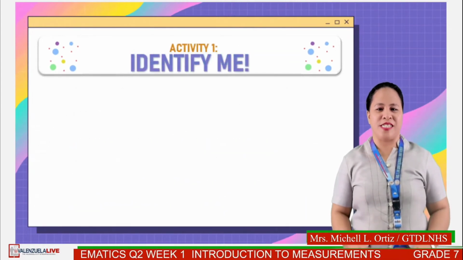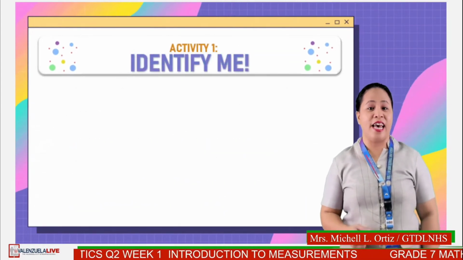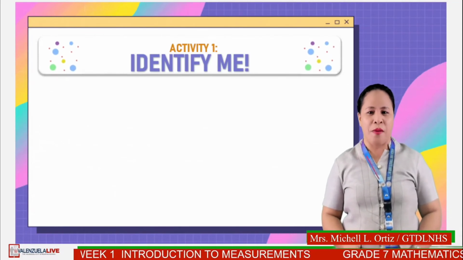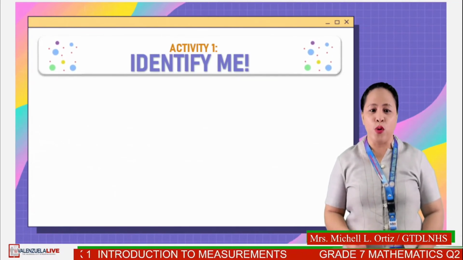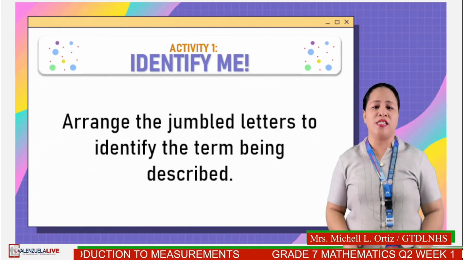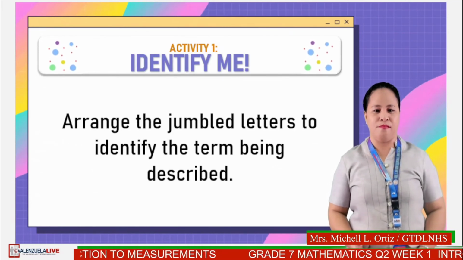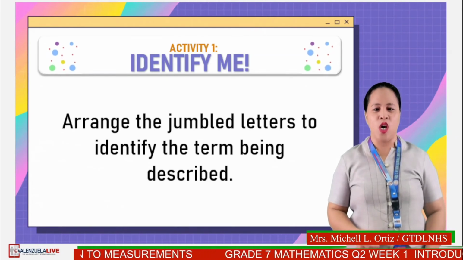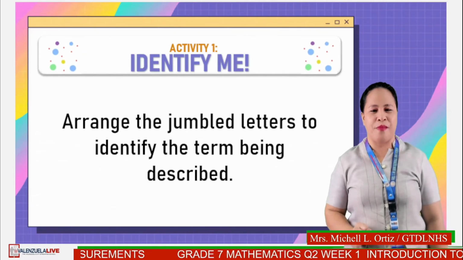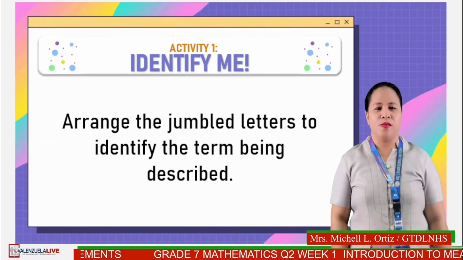For our first activity, entitled Identifying, let us see what you already know about measurements. You are going to arrange the jumbled letters to identify the term being described. Are you ready? You have 5 seconds to write your answer in our comment box below. Number 1.